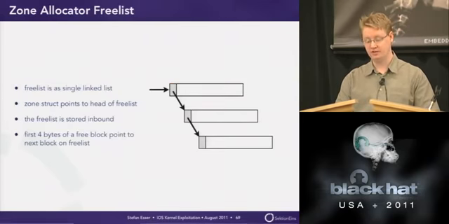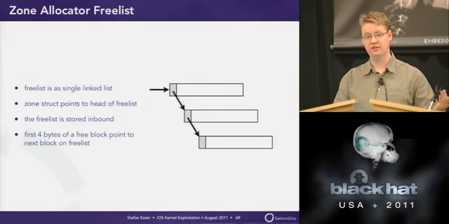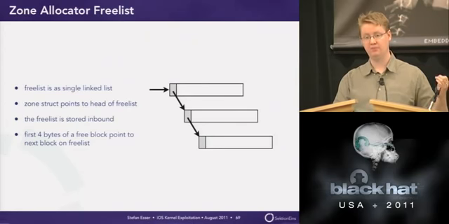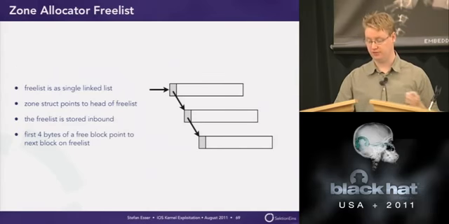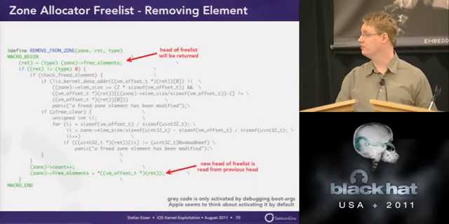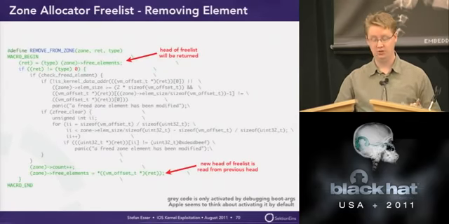Internally, this is implemented as a singly linked list with the zone struct pointing to the head of the list. The pointer for the next element in the free list is stored inband. The first 4 bytes of a free block are used to store the pointer to the next element in the free list. Apple uses some macros for that, which look very complicated, but you don't care about the gray stuff.